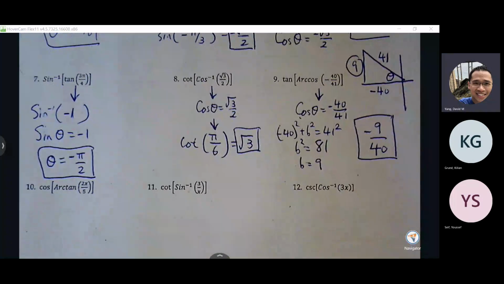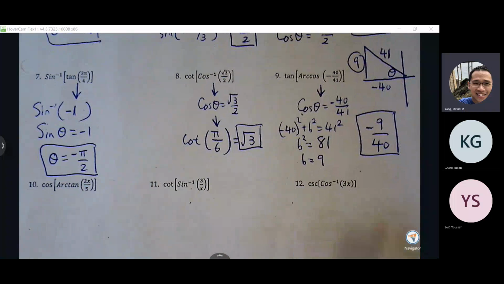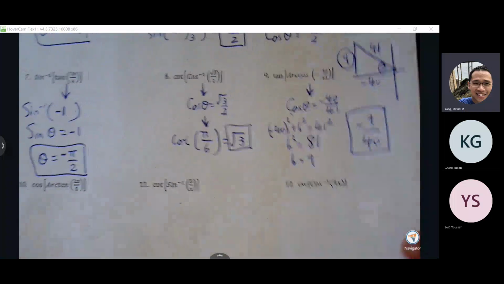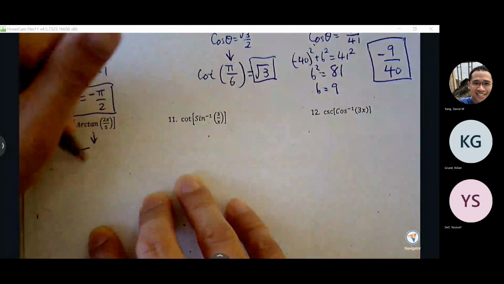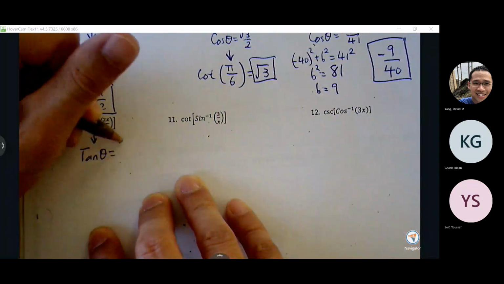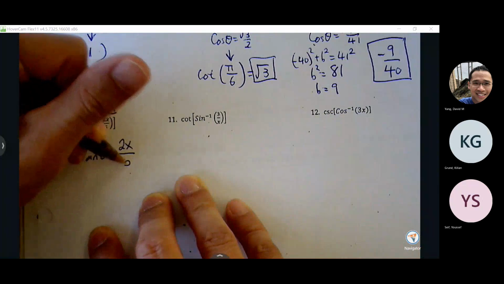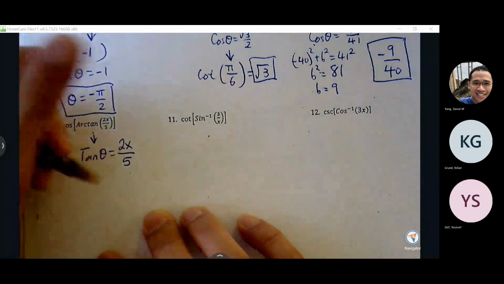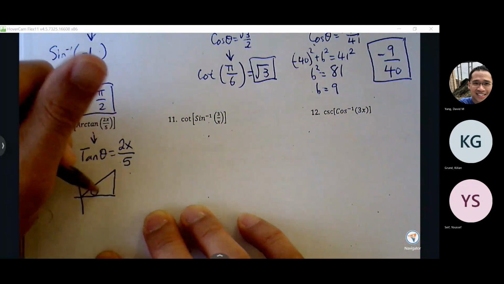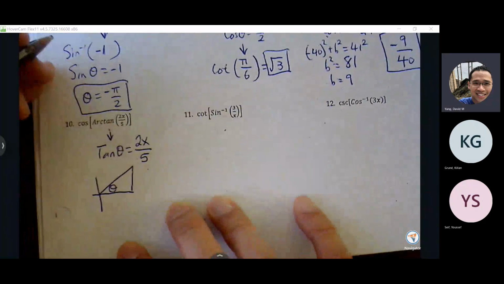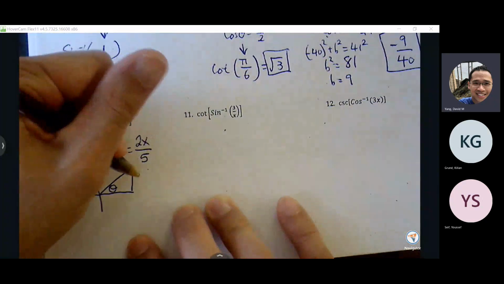Okay, good so far? All right, so now with variables, the nice thing about variables is you can just build your triangles in the first quadrant always. Okay, so tangent is opposite over adjacent.